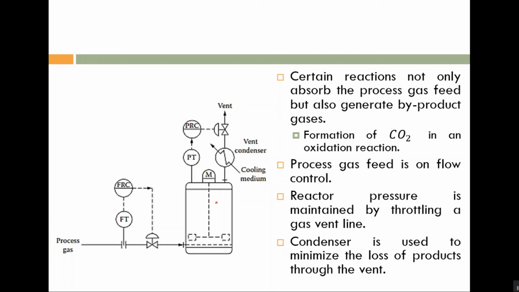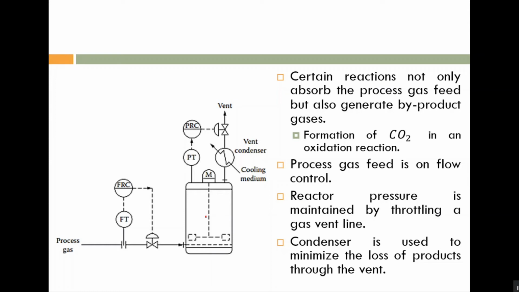Now the main problem of this reactor is that it is also generating byproduct gas. If it is generating byproduct gases, normally the density of the byproduct gas will be less than the density of the required product.